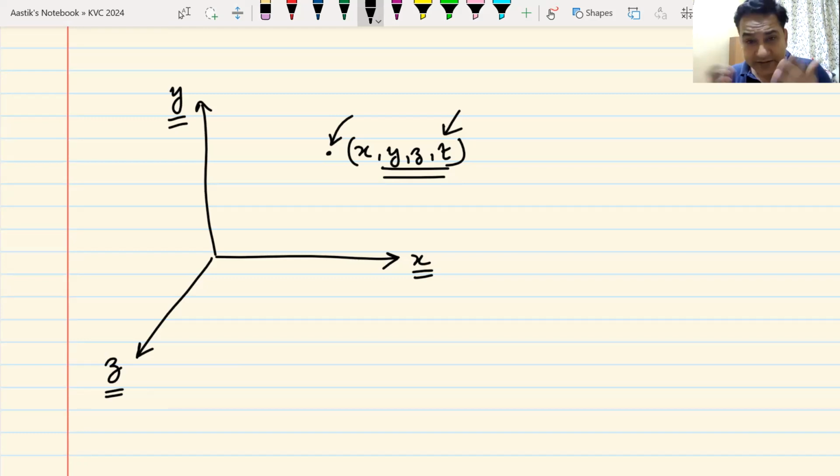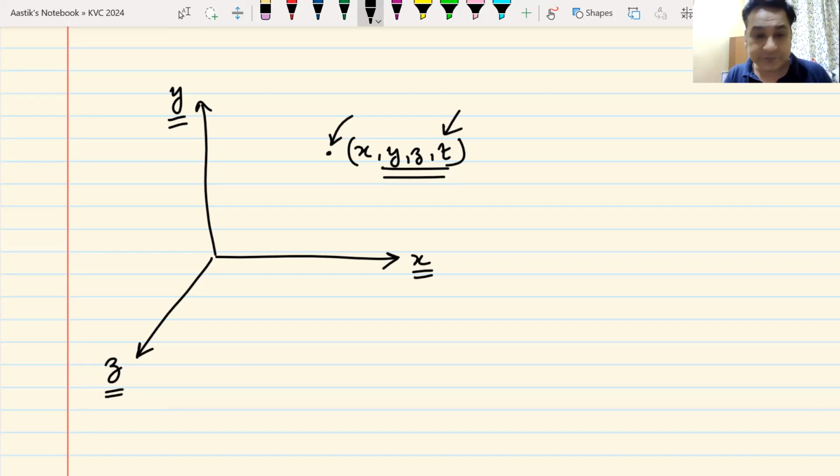Now, for the axes, we have called one axis x, one y, one z, one t. So I've given x, y, and z axis names. I've given a dimension to x, y, and z. X axis is called x, y axis is called y, time axis is called t. Similarly, I have 7 fundamental quantities, so I have to give 7 fundamental names.